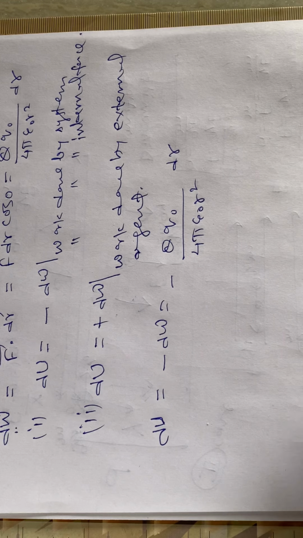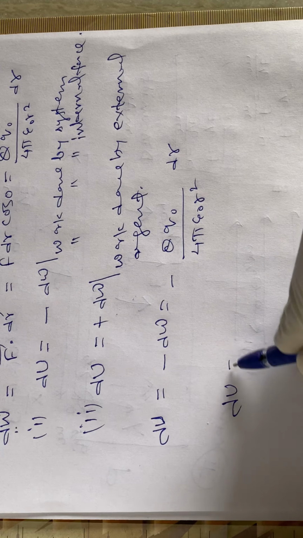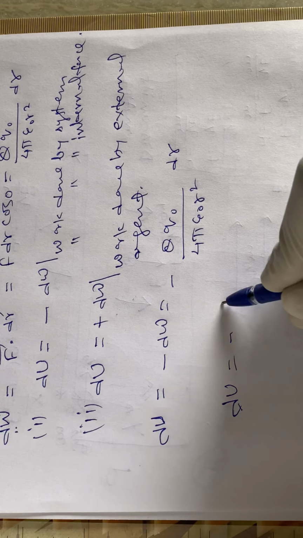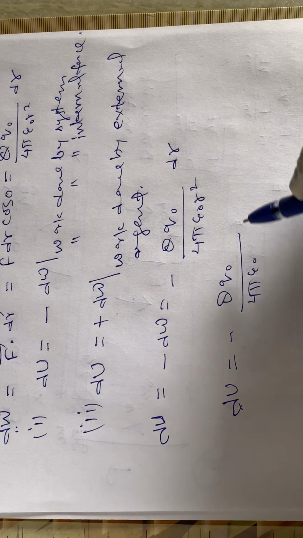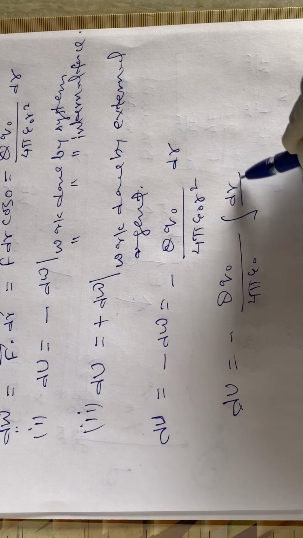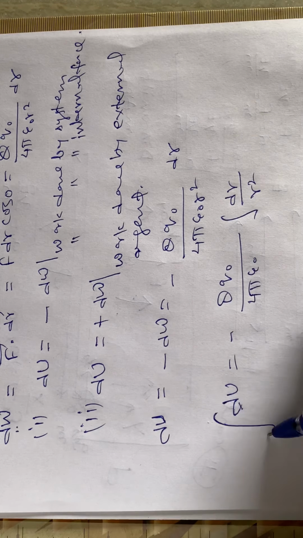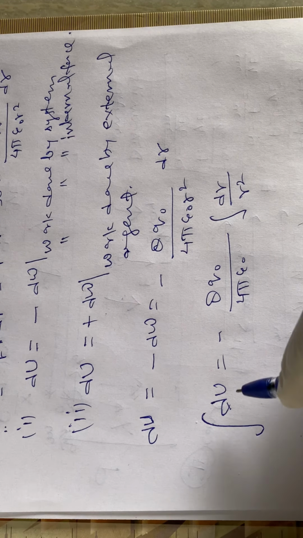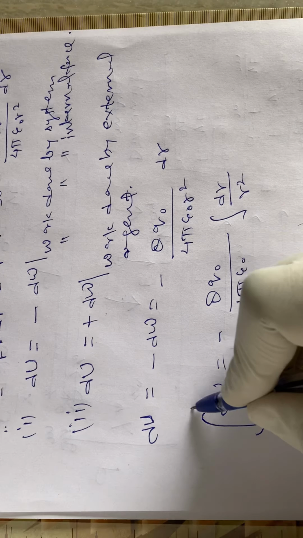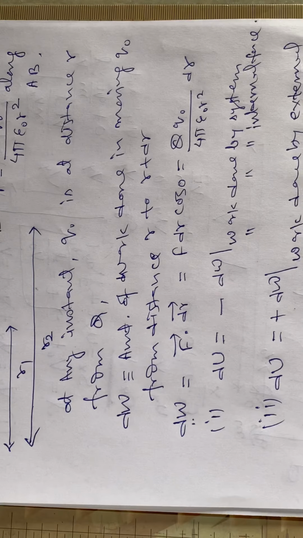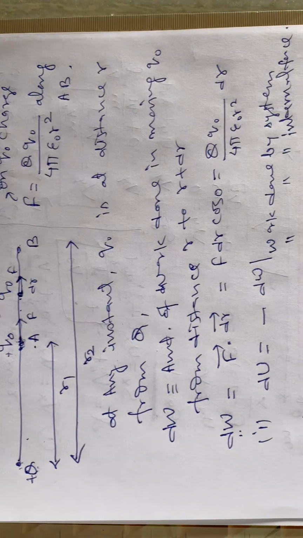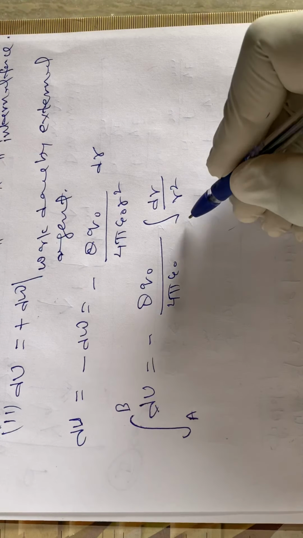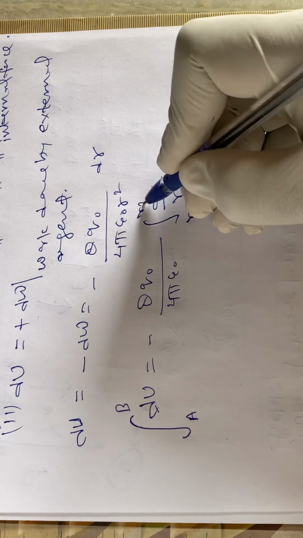Let's integrate it. dU equals Q Q naught over 4 pi epsilon naught, dr over R square, from the limit point A to B. You can see point A to B would be distance from R1 to R2, so we put the limit for R from R1 to R2.